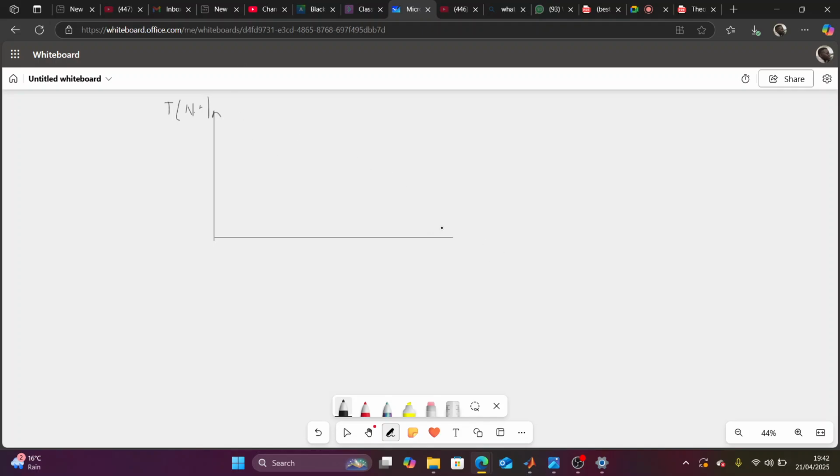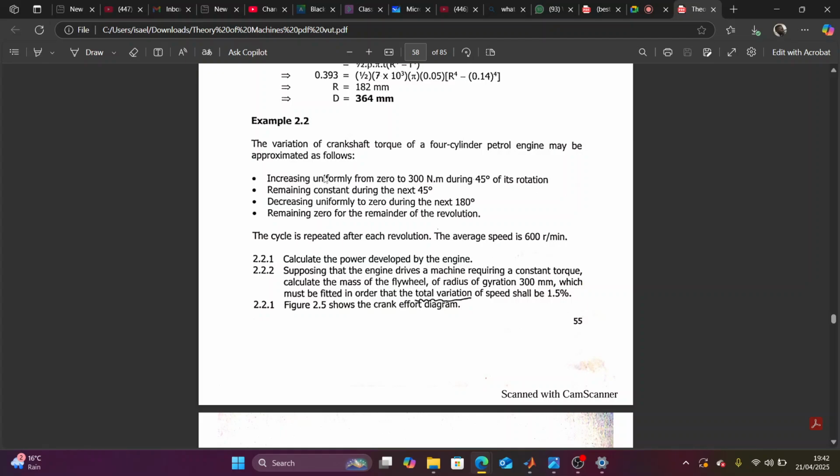Remember, always make sure that these angles are in radians, right? That's the first rule. If you read the statement, they say that it's increasing uniformly from 0 to 300 during what? 45.